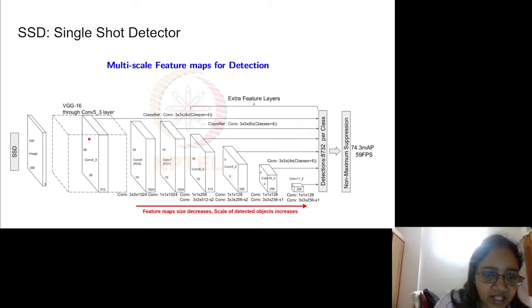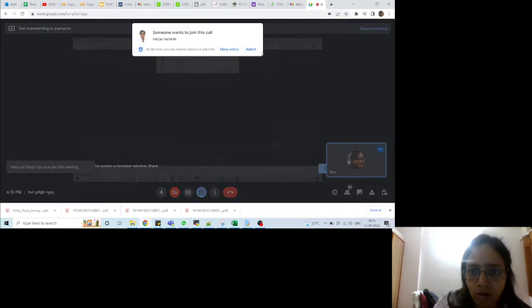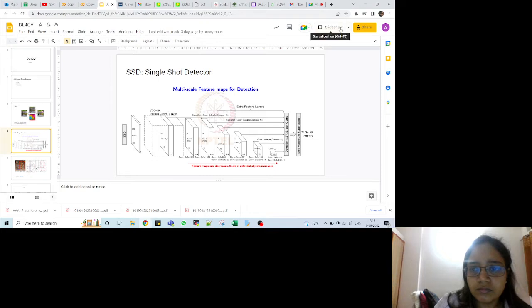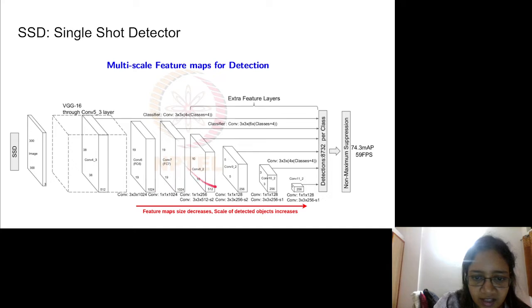So at every stage, you have this input image. You start off with an image, and there's a feature map of this size. Then there's a feature map of a smaller size, then another smaller size, smaller and smaller, until it is very small.